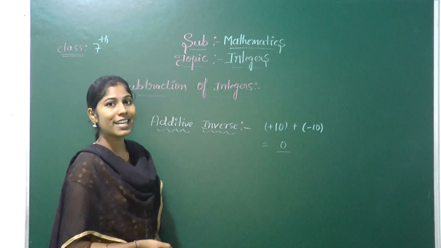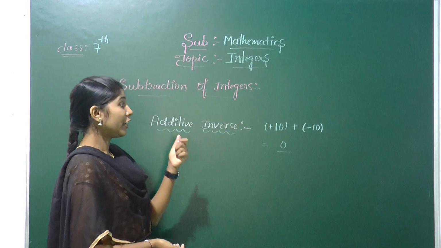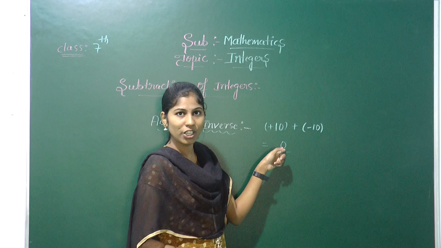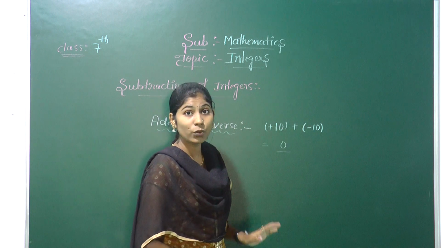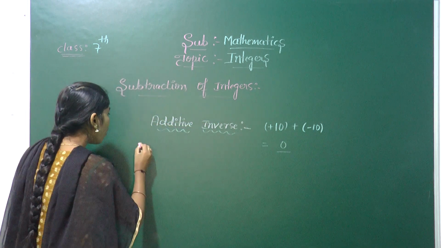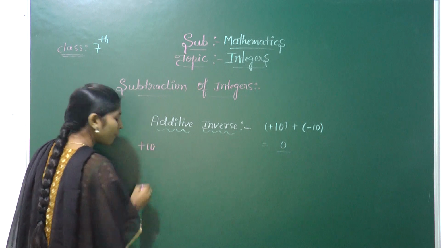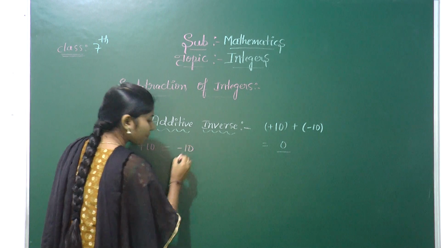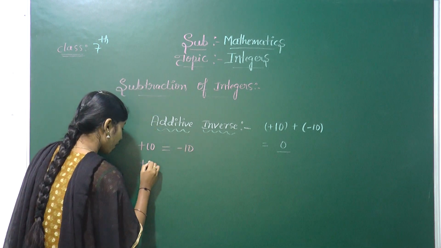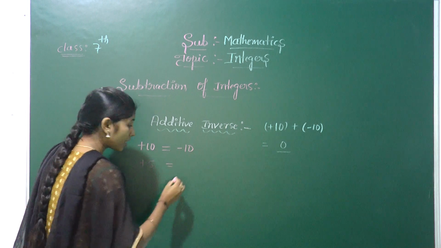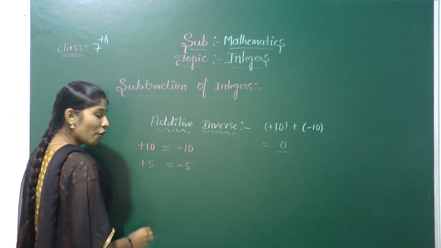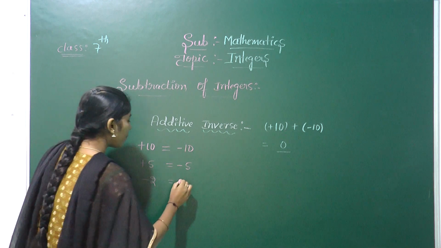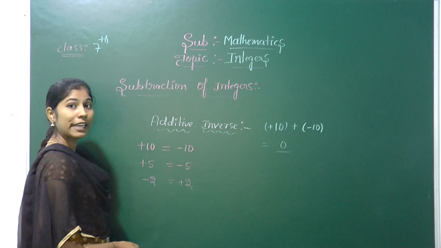Additive inverse is nothing but if you add two integers and get the sum as 0. For plus 10, the additive inverse is minus 10. For plus 5, the additive inverse is minus 5. For minus 2, plus 2 is the additive inverse.